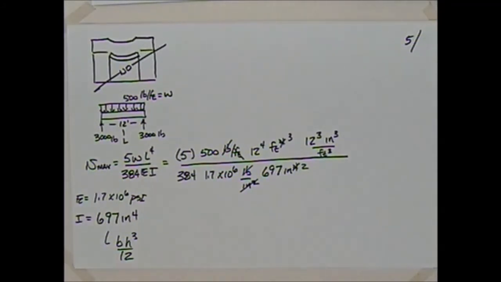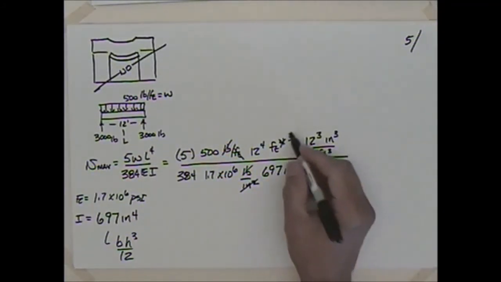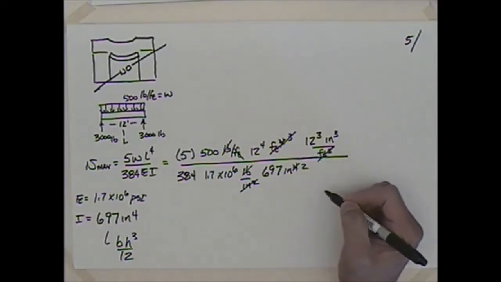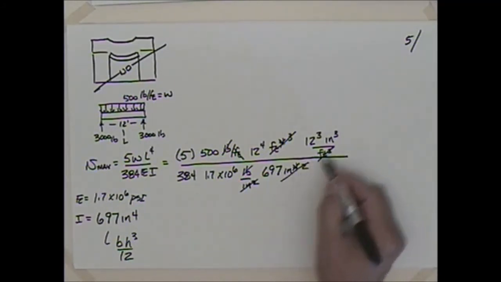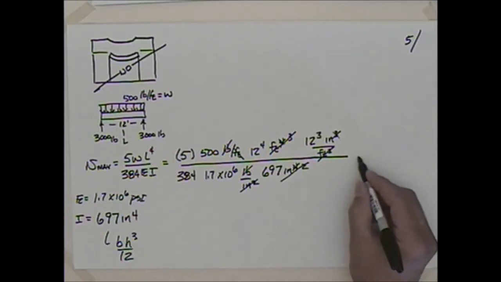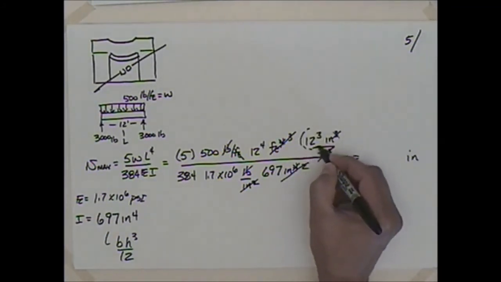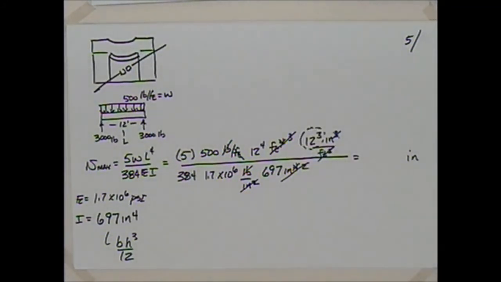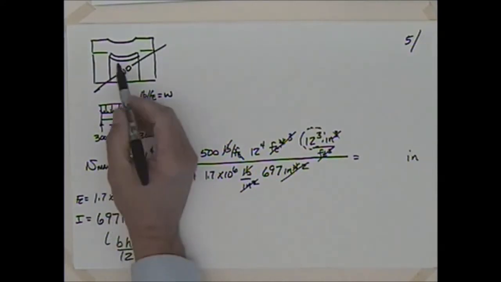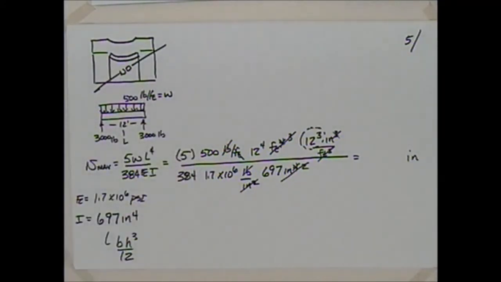So I get to now cancel this with that, and then I've got that I can cancel with all but one of those, and I'm left then with inches, which seems like a reasonable unit for deflection. And had I not been careful with the units, I would have been off by this 12 cubed, 1728 or something like that. So we would have been way small on our deflection, thinking things were okay, when maybe it was deflected way out of shape. So let me go ahead and run the numbers on this then.